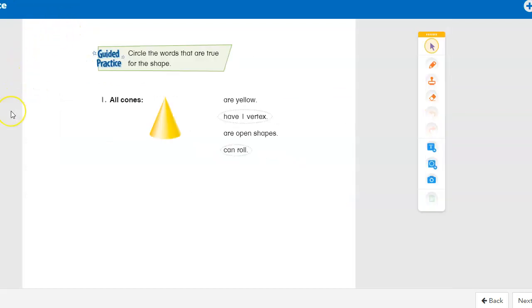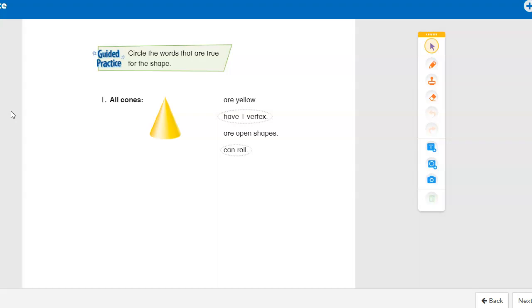Alright, on the same page, we're on the guided practice. It says circle the words that are true for the shape. We just did a little bit of this, and we've done some of this earlier this week. So let's look at the picture. It says all cones, and then it wants you to circle the true statements.